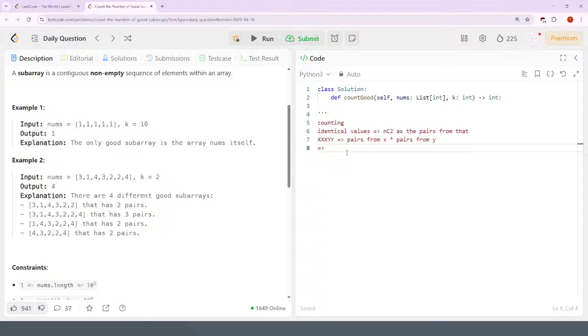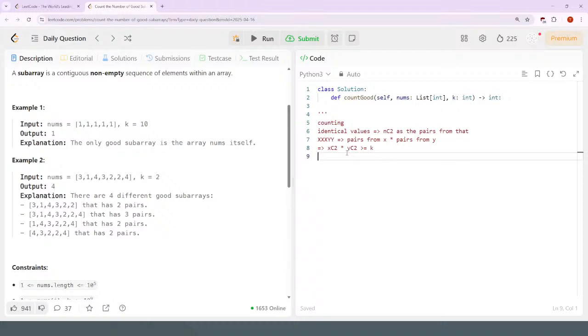And that would be the number of x's choose 2 times the number of y's choose 2. And that has to be greater than or equal to k. And you can extend that out to all the other duplicate values. Interesting. And then you need to find the number of good subarrays.